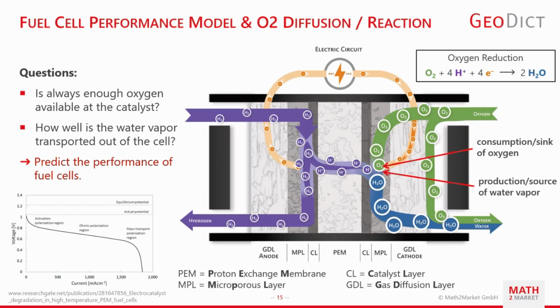The oxygen is reduced with this oxygen reduction reaction to produce water vapor. We make some modeling assumptions that I will show in a second. The oxygen travels through a channel, through the gas diffusion layer, which is a coarse non-woven structure, into the microporous layer, where you mainly have diffusion as transport mechanism, and into the catalyst layer. And in the catalyst layer, you actually have the reaction.